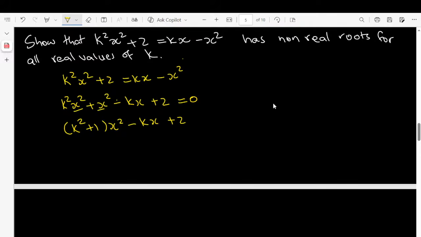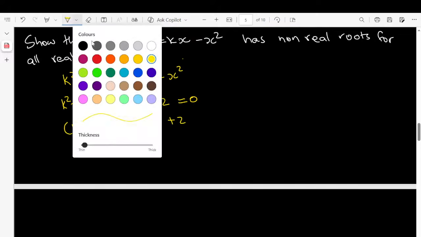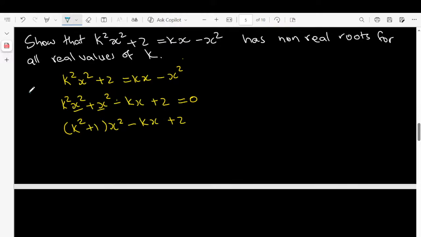So now we know that the value of a is the coefficient of x squared. Whatever we have in front of x squared, we need to take everything: a, b, and c. So now look at this. I have the value of a, the value of b, the value of c.